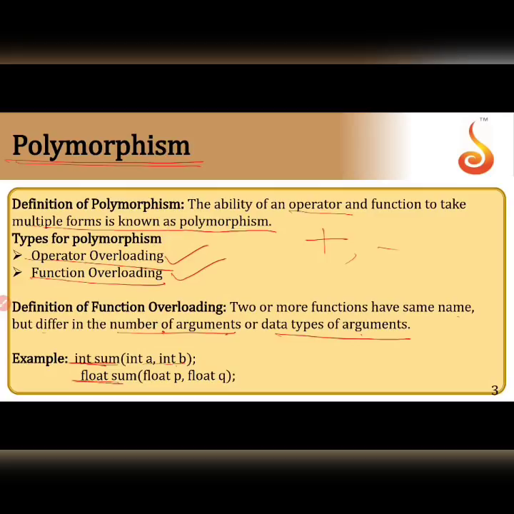See how many arguments I am passing here? I am passing 2 arguments here, 2 arguments here. So the number of arguments are same, but the data types of arguments are different. That is, int a and int b have 2 integer arguments passed to it, whereas this has 2 float arguments passed to it. This is just an idea how to write an overloaded function.